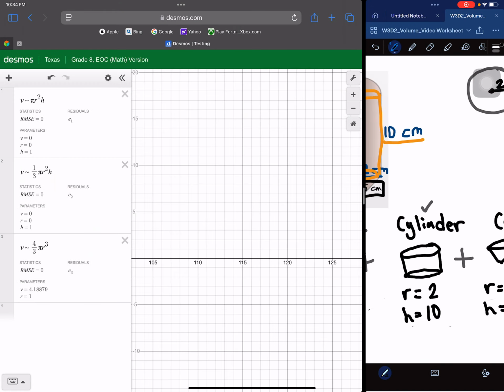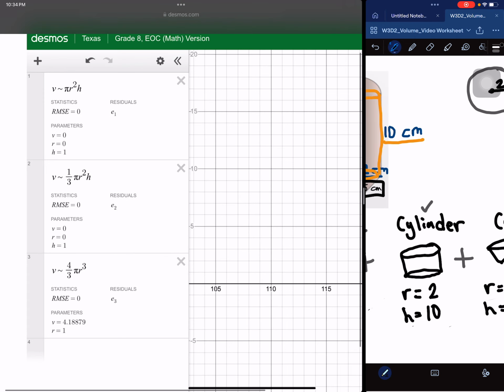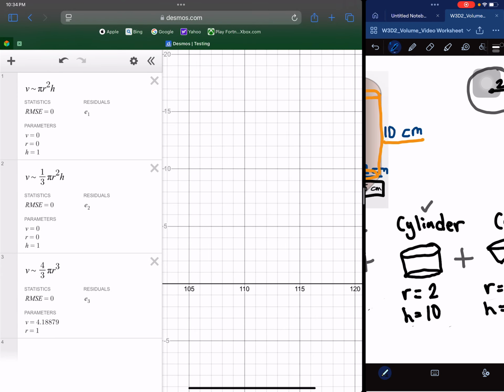I took the liberty of typing all the formulas now in one Desmos. Cylinder being the first one, number 2 will be for the cone, and number 3 for the sphere. Now, please take note that the volume for the sphere is for the whole sphere. We need half of it since we only need the hemisphere.